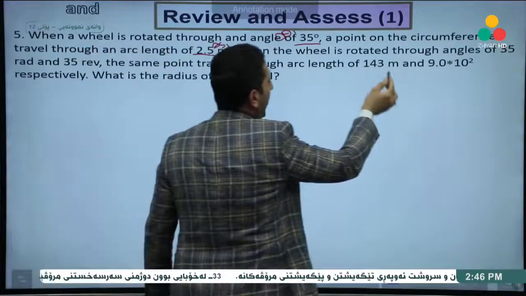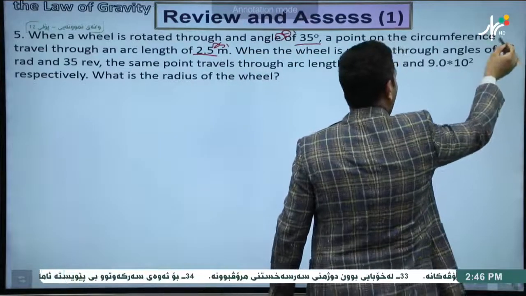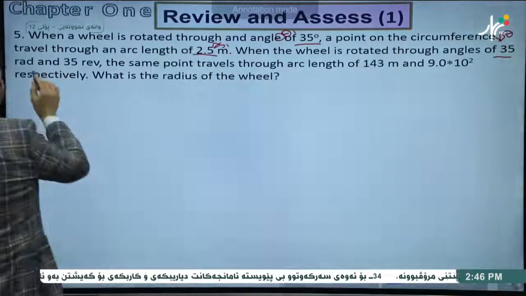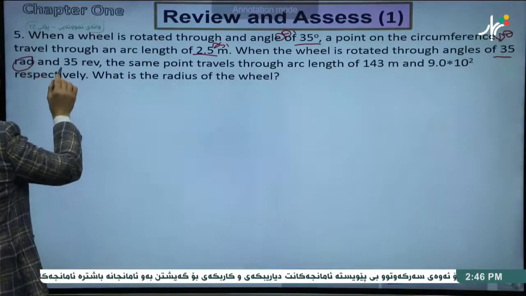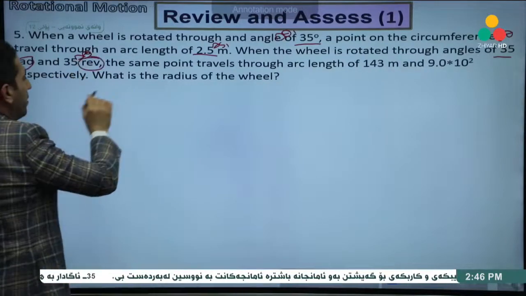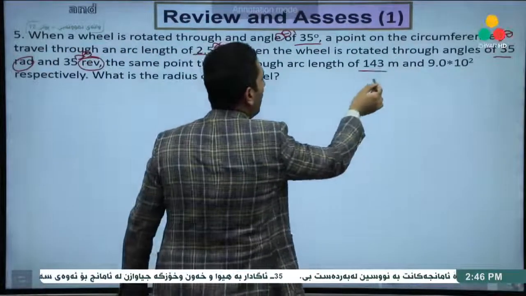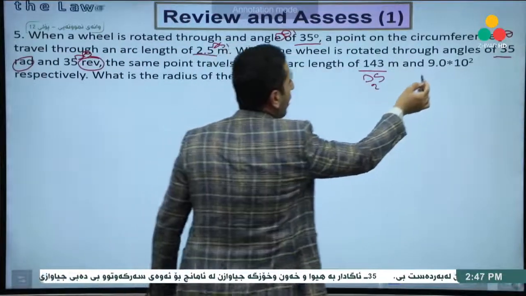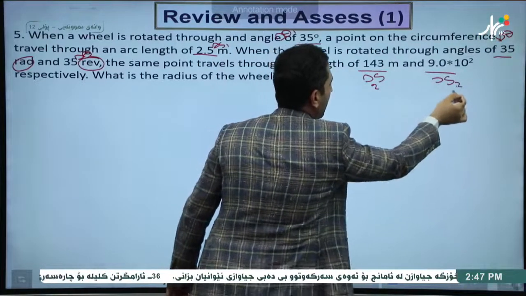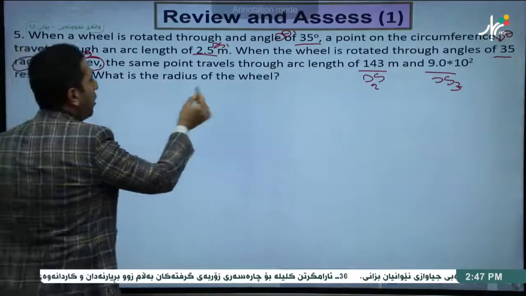When the wheel is rotated through an angle of 35 again, delta theta, but in rad, and 35 in revolutions, the same point travels through arc lengths, this is arc length number 2 and arc length number 3, respectively. What is the radius of the wheel?